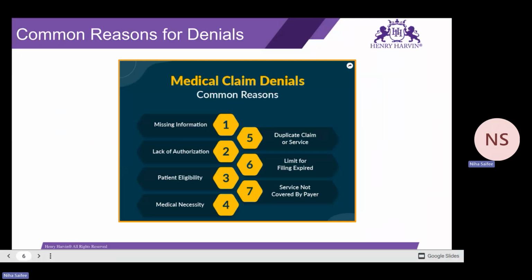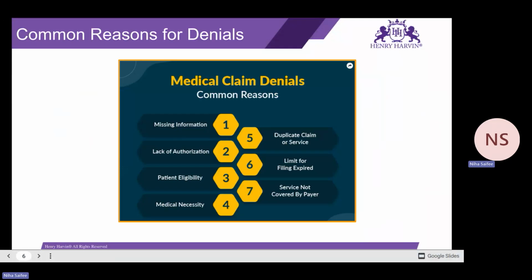Otherwise, what will happen? The patient will be taken for consultation, and then when the patient has to pay, you realize that you are not part of the panel or the patient's insurance is expired. Now, who is going to pay the doctor, right? So before the patient is taken for consultation, the eligibility is checked.